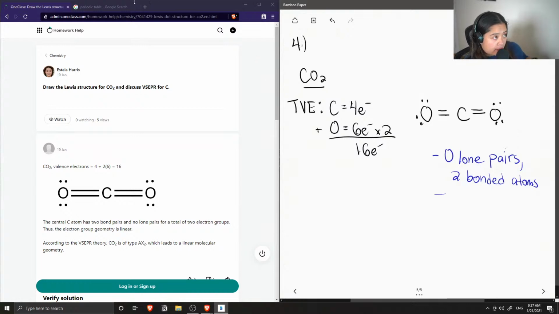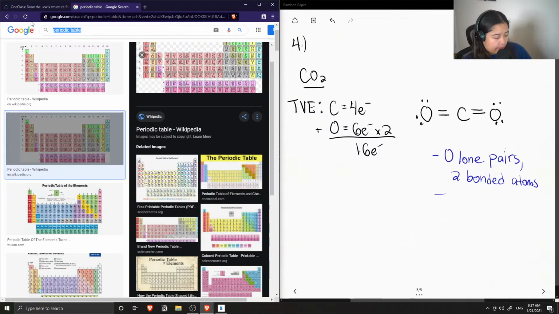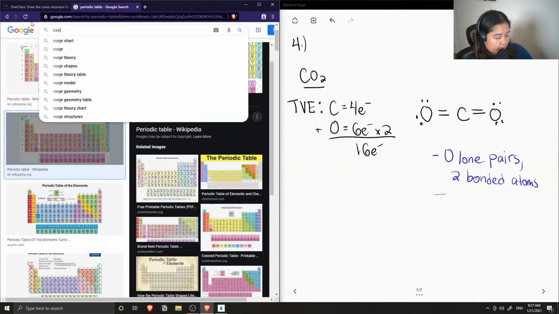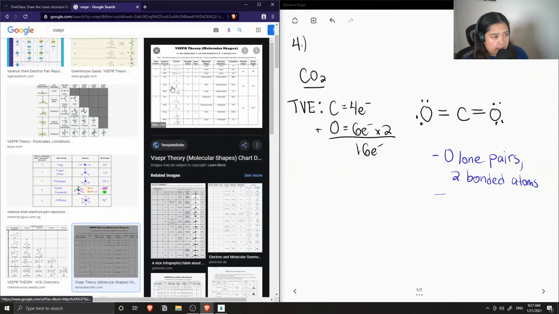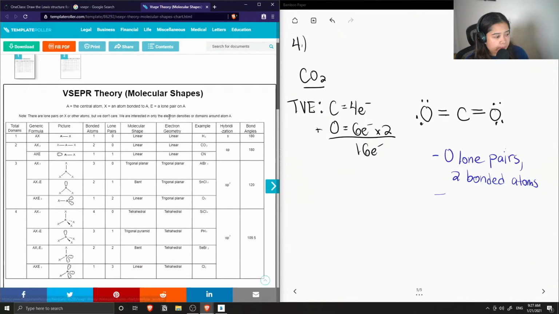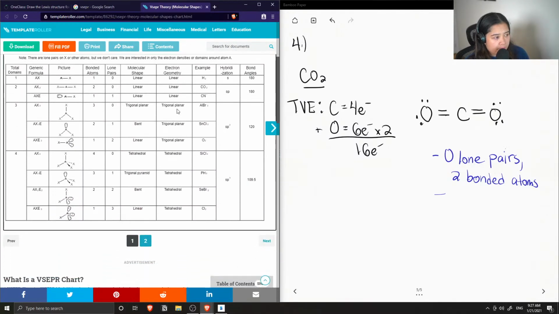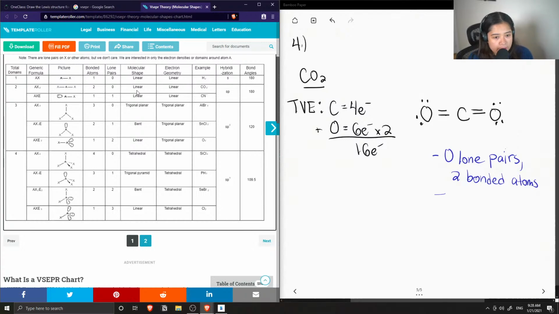So now let's look up a VSEPR table, or VSEPR chart, to help us analyze its shape. So when we have 0 lone pairs and 2 bonded atoms, we have both a linear molecular shape and electron geometry.